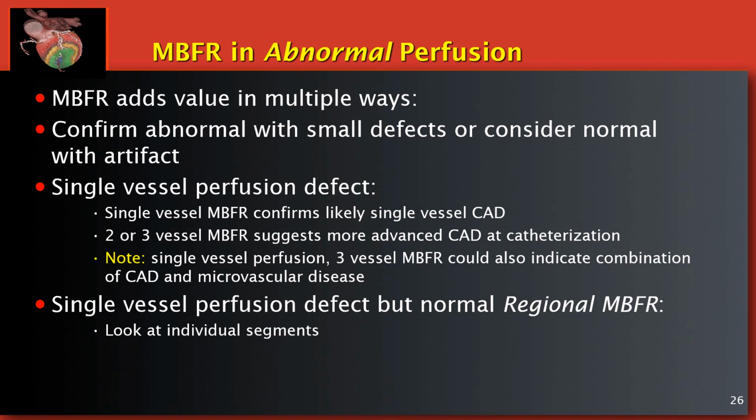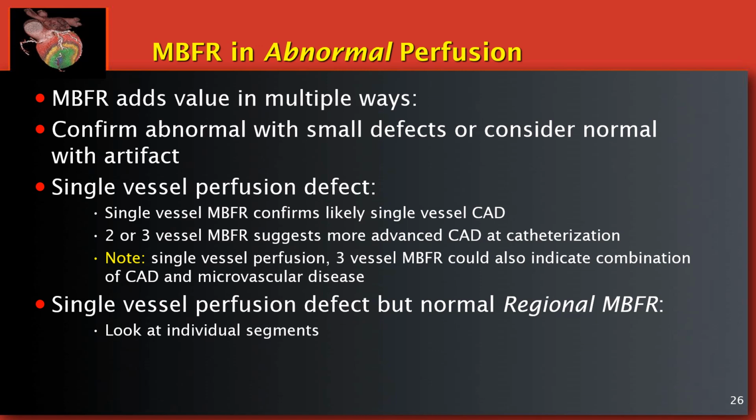So myocardial blood flow reserve adds value in multiple ways to patients with abnormal perfusion. It assists the doctors in being able to confirm whether it's abnormal with small defects or consider it normal with an artifact. With a single vessel perfusion defect, a single vessel myocardial blood flow reserve confirms the likelihood that it is single vessel coronary artery disease.